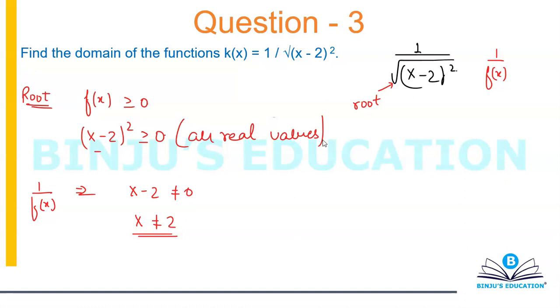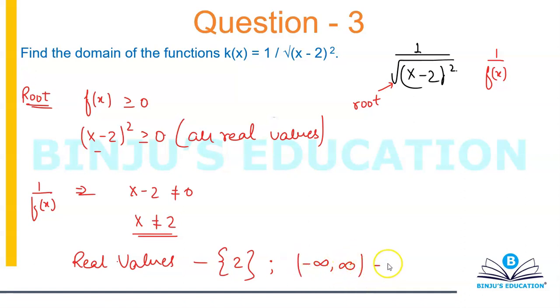And from the second one, x is not equal to 2. So combining both the things, I can say that my domain is all real values apart from 2. Or you can also write it in this way: negative infinity to infinity apart from 2.